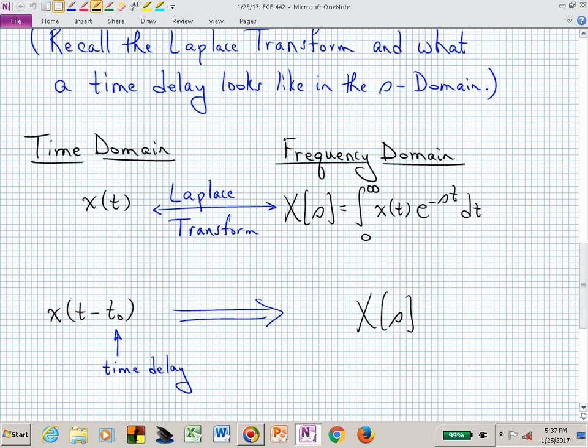Because if you take the differential of t minus t naught, when t naught is a constant, the differential of t minus t naught is dt, and we've now come up with the integral from 0 to infinity of x of a new variable, e to the minus s new variable, d new variable, and we've factored out an e to the minus t naught s.